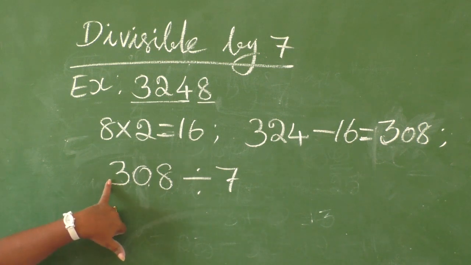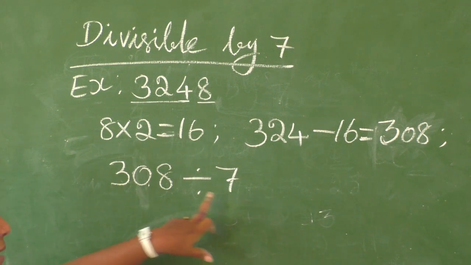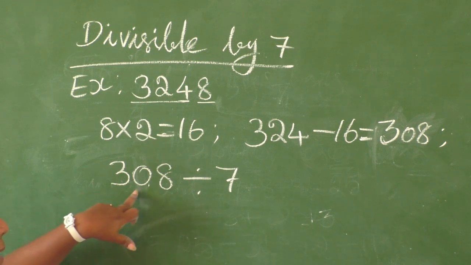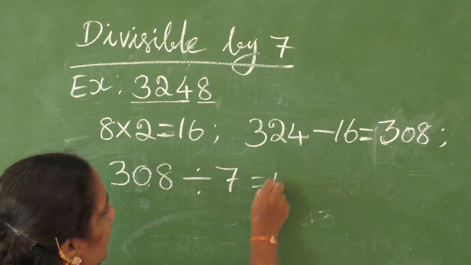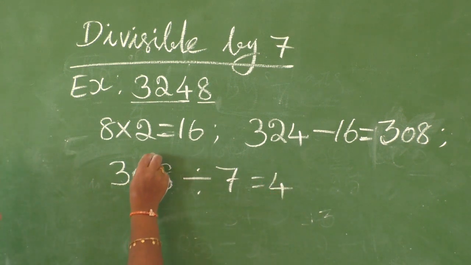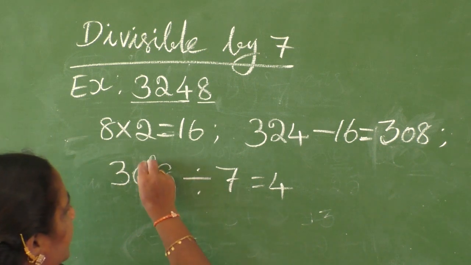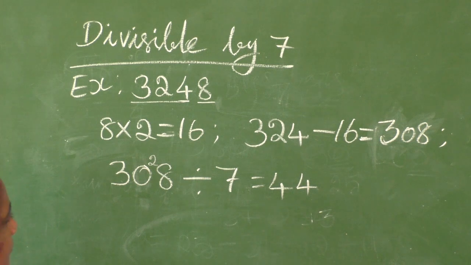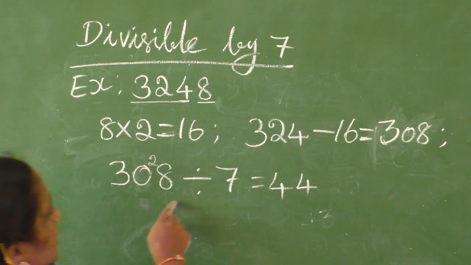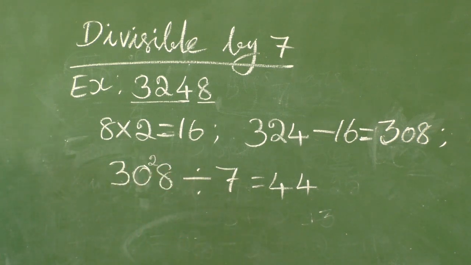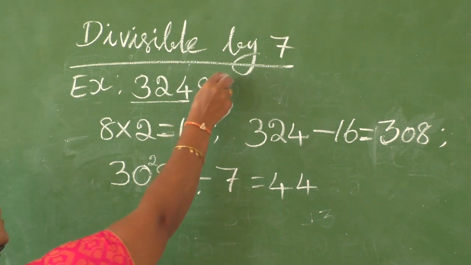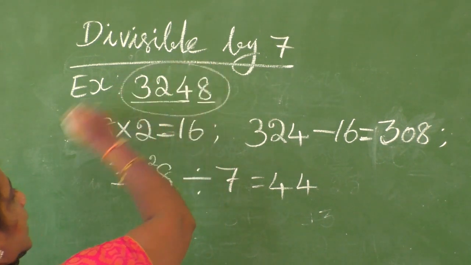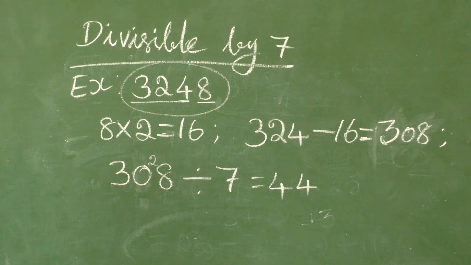First number is 3. 3 is smaller than our divisor, so I am taking 30. So how many times will it come? 4 7s are 28. So remaining 2 is there. Then 28 again, 4 7s are 28. So this rest of the number is divisible by 7, which means this whole number is divisible by 7.